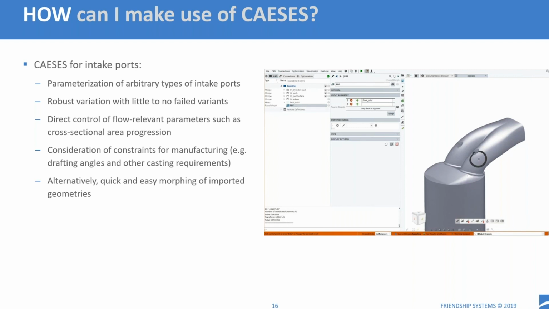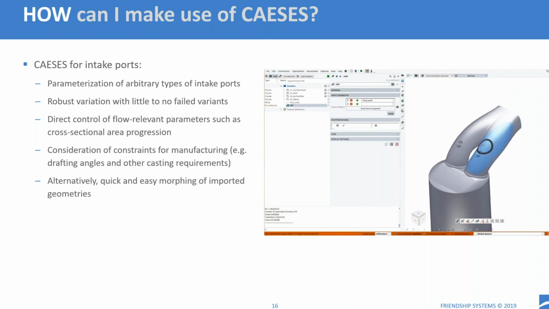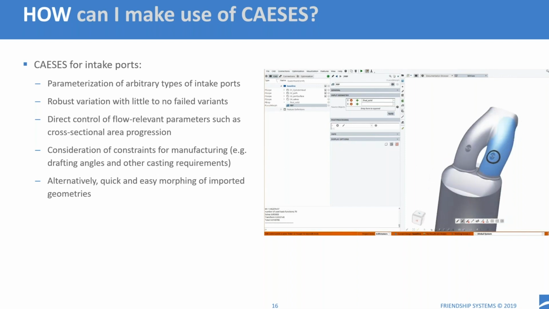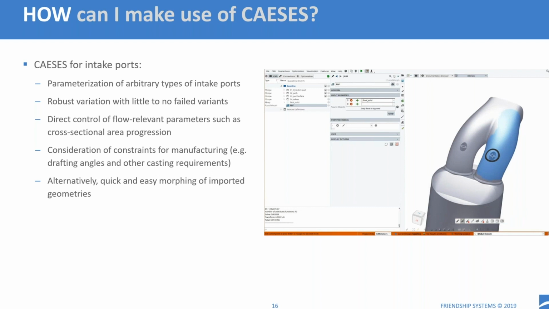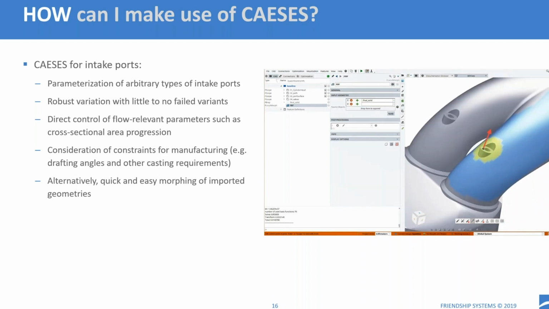An alternative to the parametrization that I talked about just now is morphing. So we also have the possibility to import existing geometries into CAESES and change these geometries using different morphing methods that are available. You can see here on the side a video of one of our morphing tools that allow for a very easy interactive definition of the shape changes.